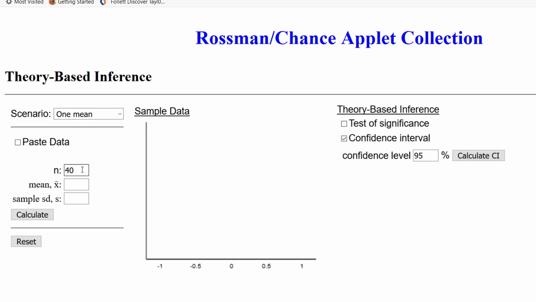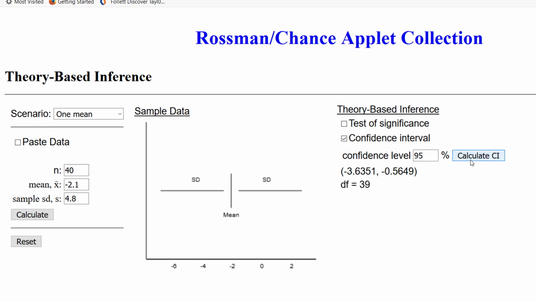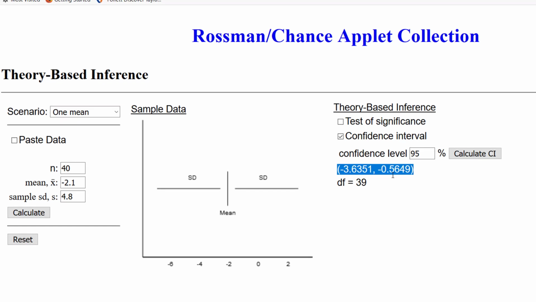Our sample size was 40. Our sample mean was negative 2.1, and our sample standard deviation was 4.8. I make sure that I'm using a 95% confidence level and hit calculate. And it says from negative 3.64 up to negative 0.56.